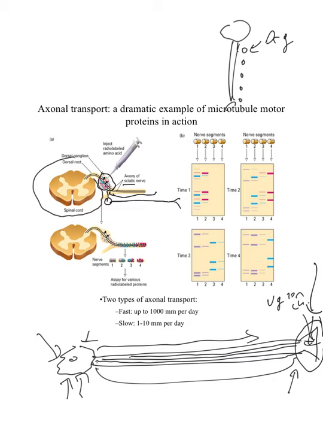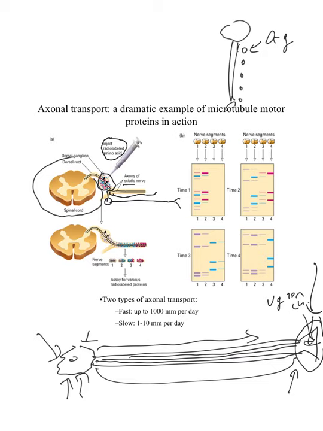So we can inject radio-labeled amino acids into the soma. And then in the soma, protein synthesis will occur in the presence of those radioactive amino acids, and we'll get a pool of radioactive protein that's produced.